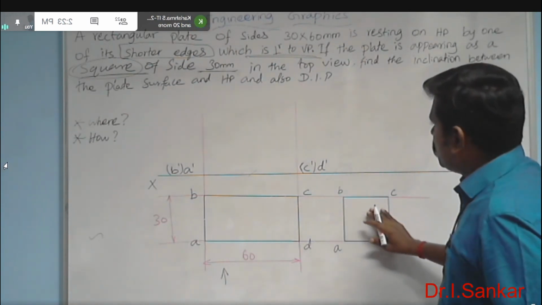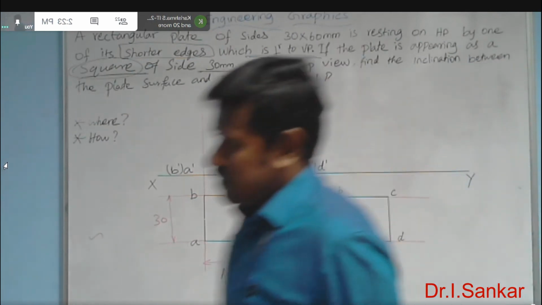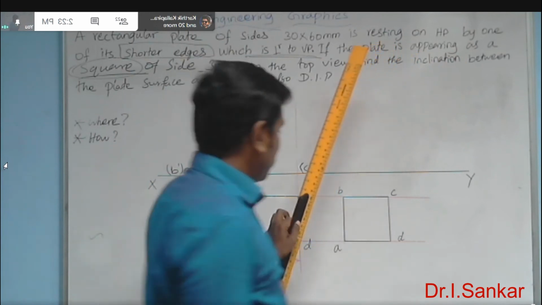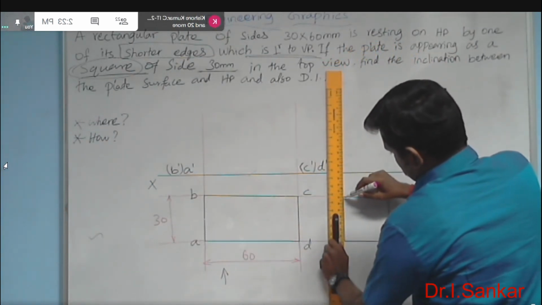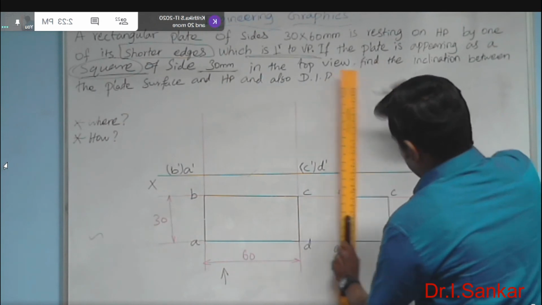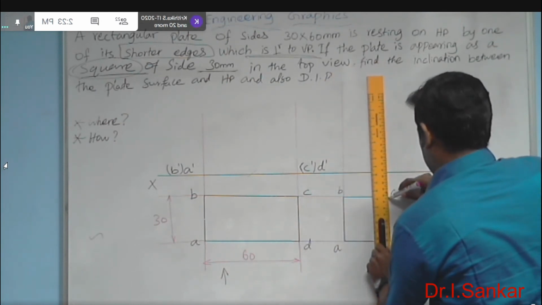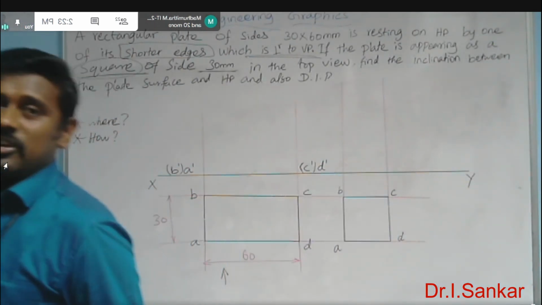From that, you have to reversely find the final front view. First, draw the vertical projectors. The vertical projectors are drawn.